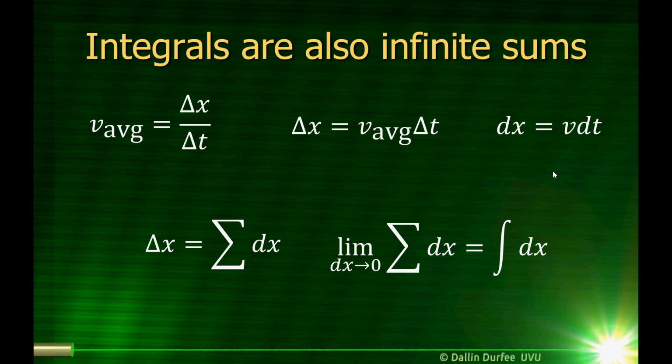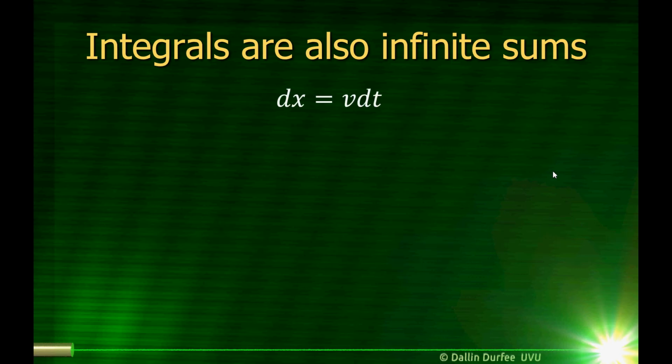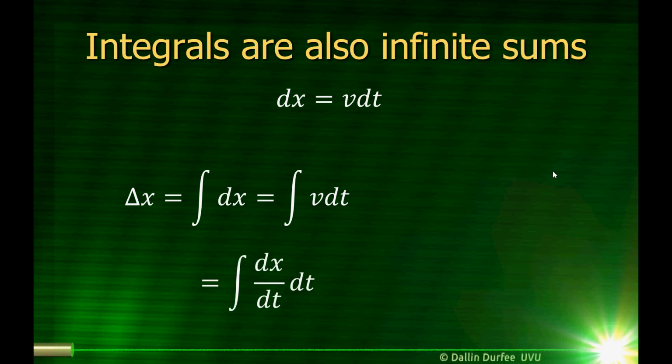So the integral is an infinite sum of infinitesimally small things. Well, now I know that dx is just velocity times dt, so the change in my position is just the integral of dx, which is the integral of v dt, so I could just integrate v dt and find how far I traveled.